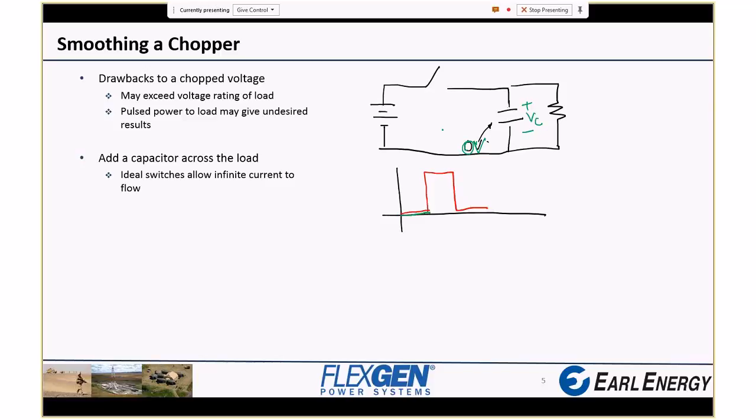So when you apply this 10 volts from the switch, that gets applied immediately to the capacitor and to the resistor. The capacitor has no choice but for its voltage to pop up like that. You might wonder, why did it do that? I thought it was supposed to resist changes in voltage.